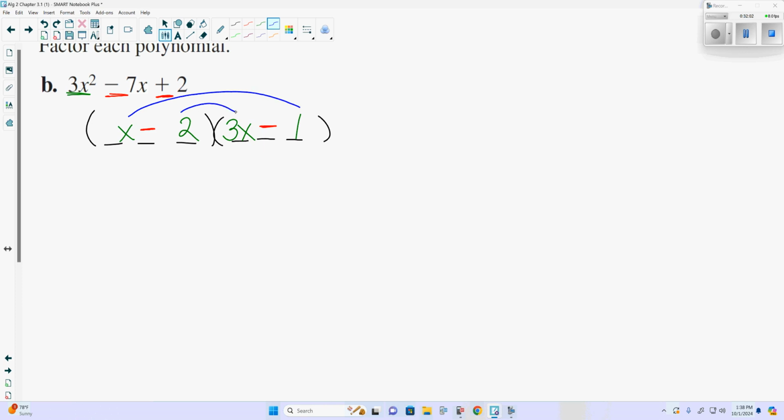Now that we have this plugged in, we're going to go on and check. So we'll do x times negative 1, which is negative x. Negative 2 times 3 is negative 6x. Negative x minus 6x. Negative 1 minus 6 is negative 7x. Is that the middle term we wanted?